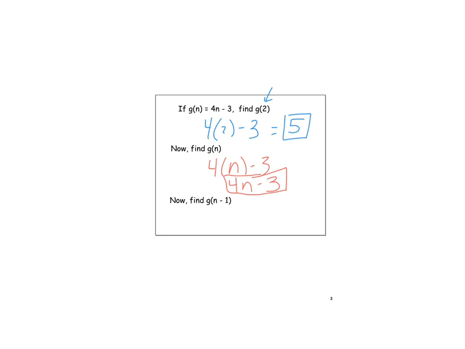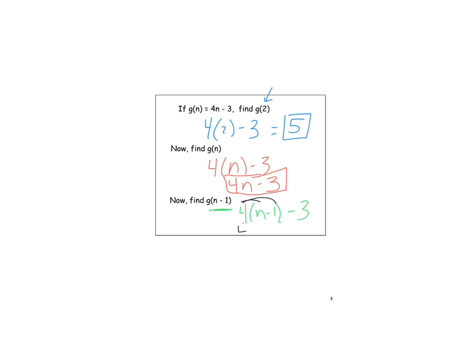And now this one, a little bit more interesting: n minus 1 is what I'm plugging in. So I'm going to replace my parentheses with n minus 1. Now this time, and I know we didn't review any of this just yet, but we're going to distribute here. Hopefully you remember that from prior math classes.